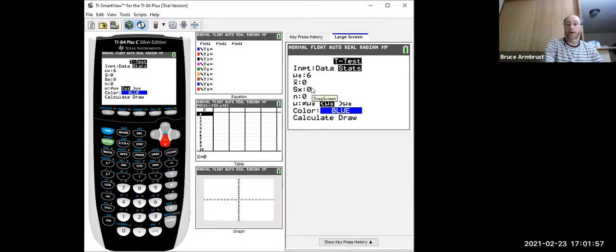Now the x bar is our sample mean, so that's where we put the average for the folks that we tested at rural hospitals, and that was 5.2. Then we had a standard deviation of 1.7, and then we put in the number of people in our sample, which was 13.